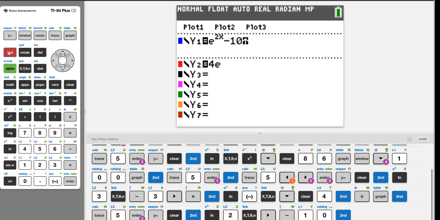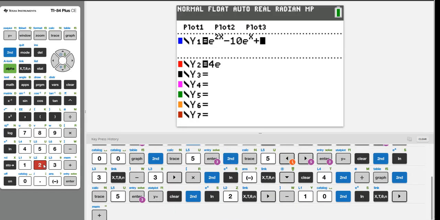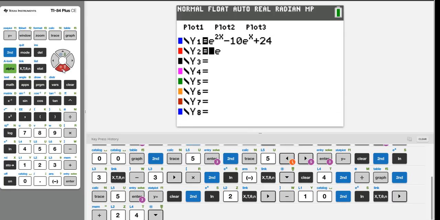Press second, e to the x power key, and press the right arrow. Type in x and press the right arrow. Type in plus 24 and press the down arrow. Press clear to clear y2. Type in 0 and press graph.